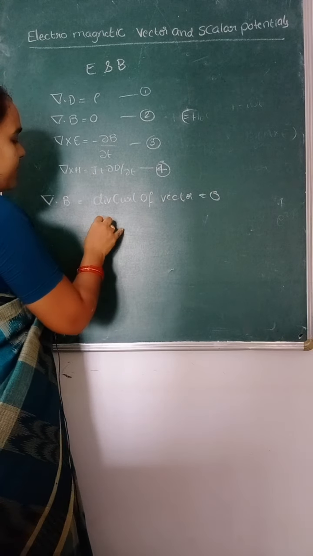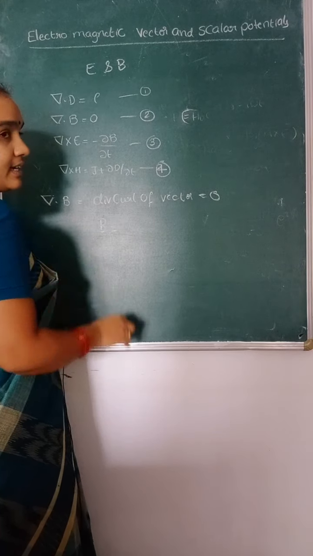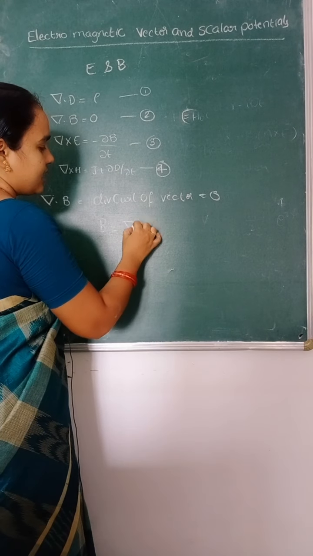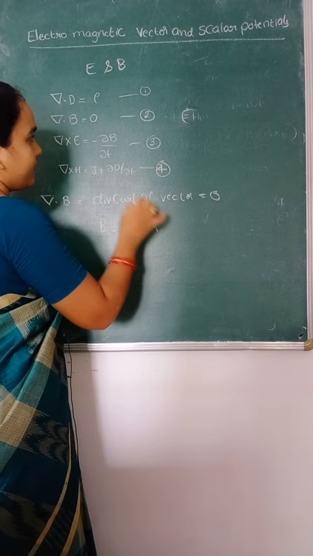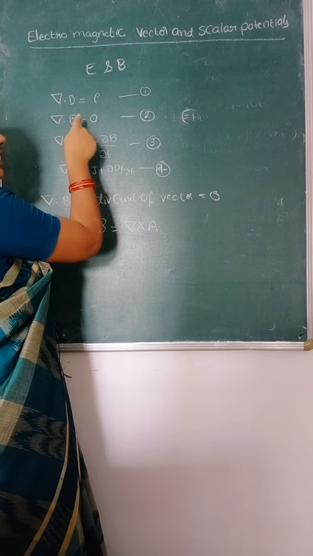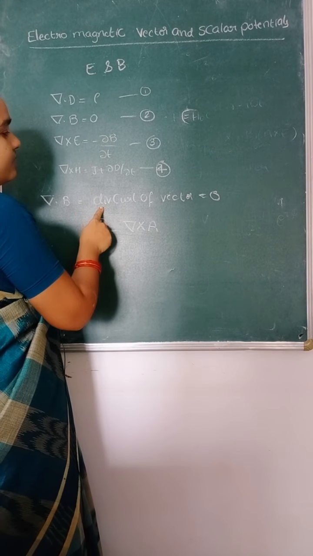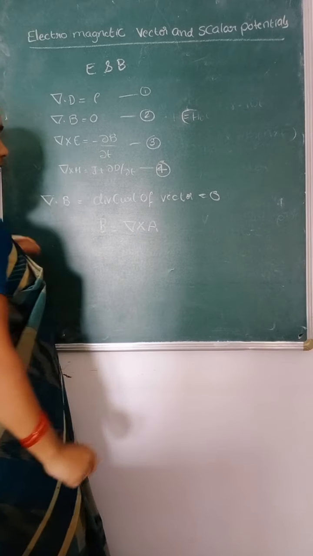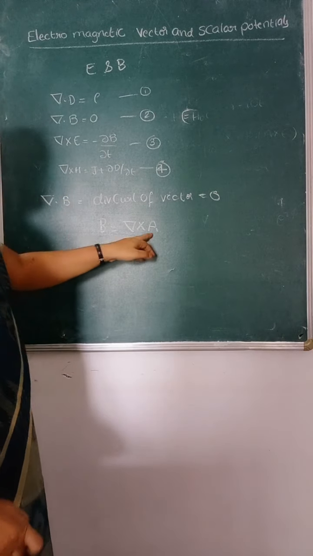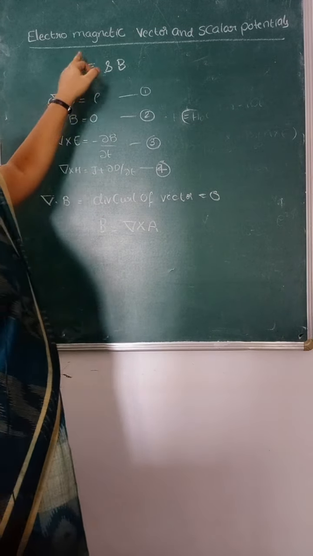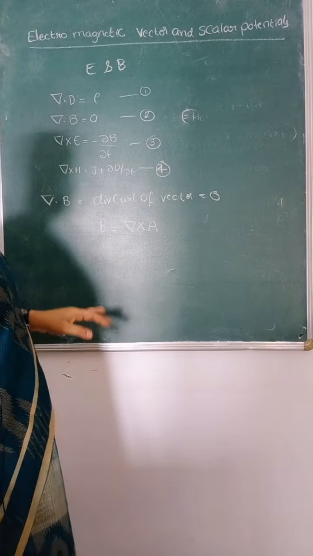So I am assuming the magnetic field vector as B is equal to del cross A, from the second equation, in order to satisfy the divergence of curl of a vector. Here A is called the magnetic vector potential.